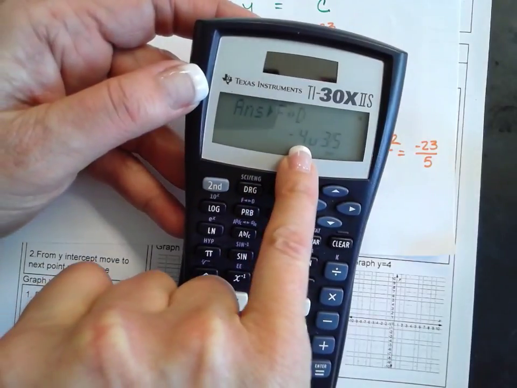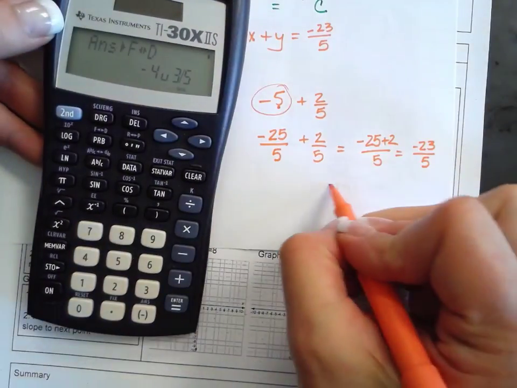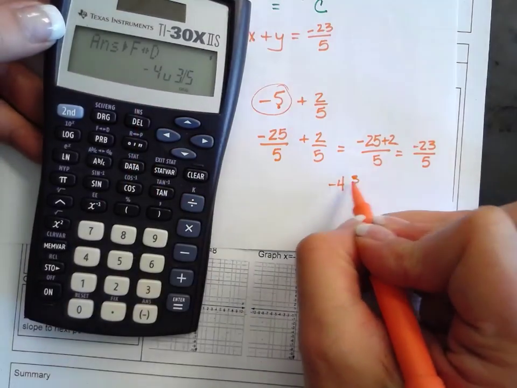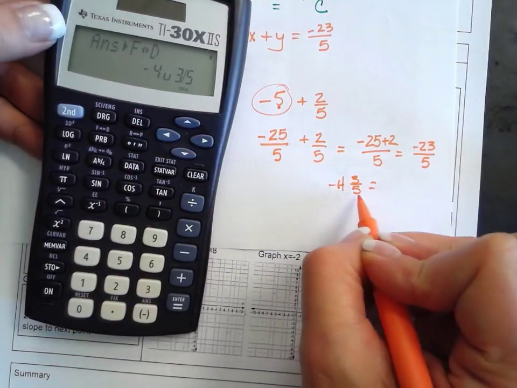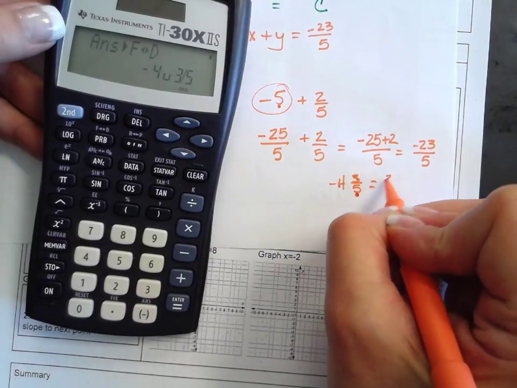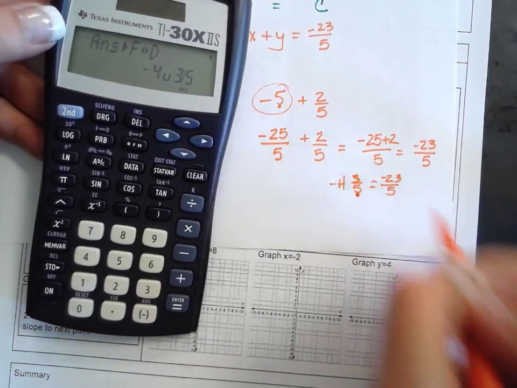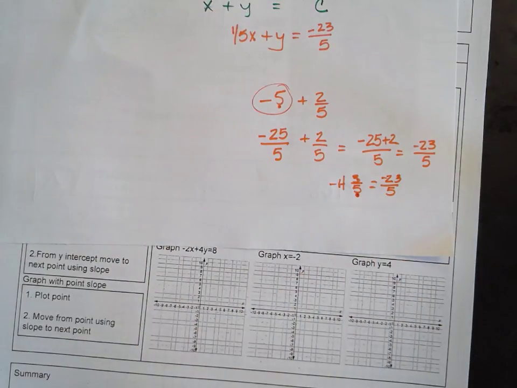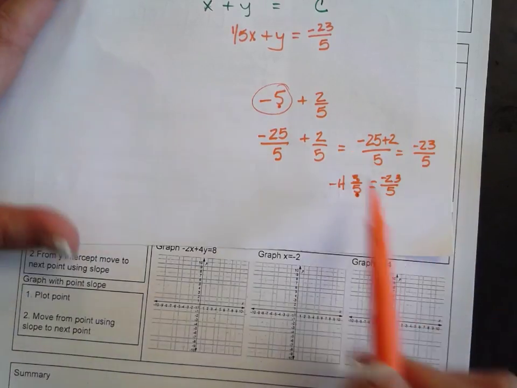But this is -4 3/5, so to put that in a proper... -4 3/5 is -4 times 5 is 20, 20 plus 3, to turn it into the improper. Okay, is that better? Was that what lost you, was the fraction part?